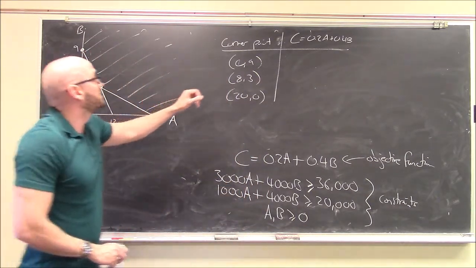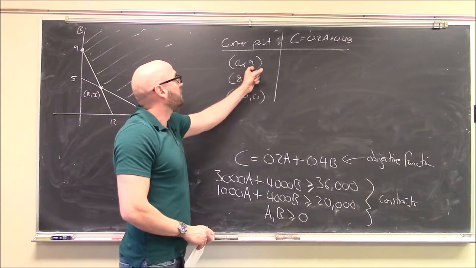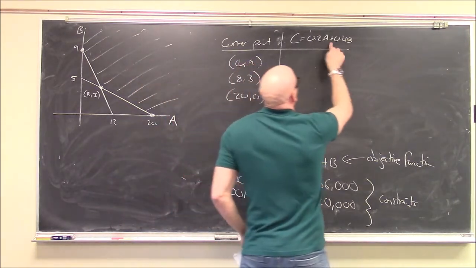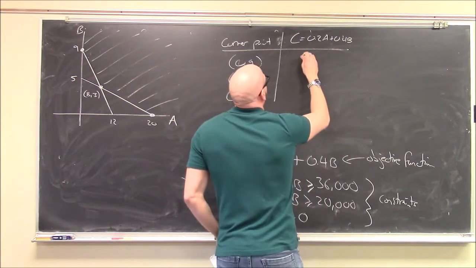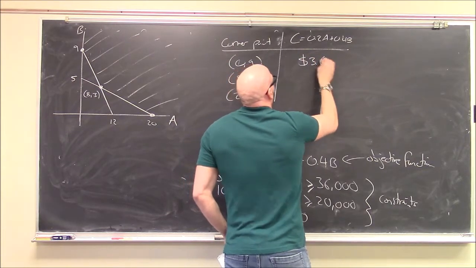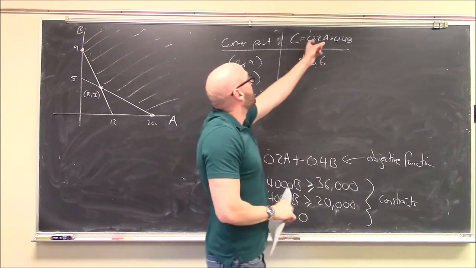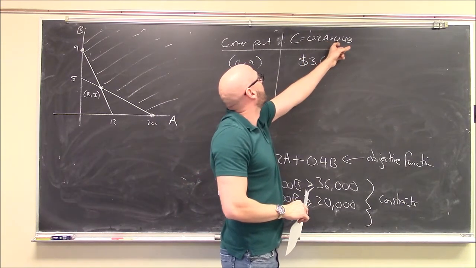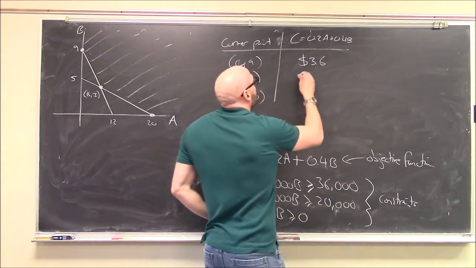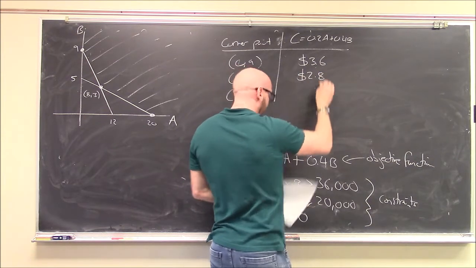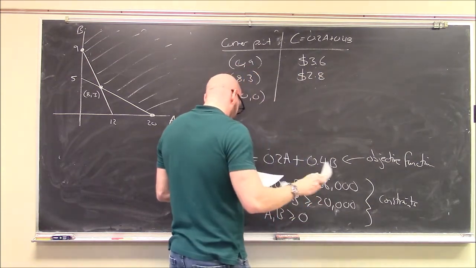Plug them into this function. Remember, the first coordinate is A, the second coordinate is B. So plugging into this function, I'm going to have 0 plus 0.4 times 9 is $3.6. 8 and 3, plug that in. I've got 1.6 plus 1.2 is $2.8. Sounds right to me.